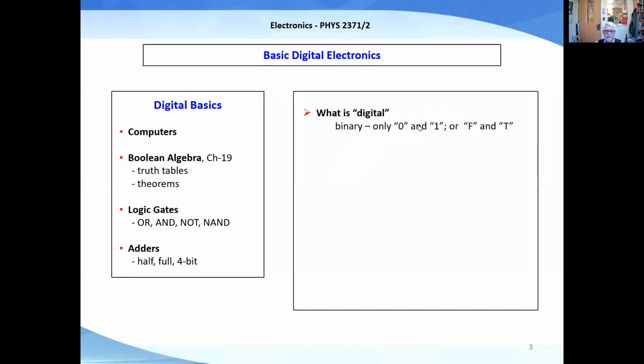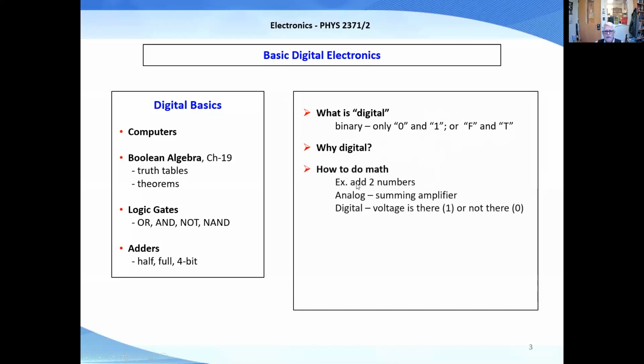What is digital? Digital, you either have something like a 1, or you have nothing like a 0. Or you can also call that true and false. And why digital? We'll talk about that. How to do math. We saw that we can sum voltages in analog, but that's not very precise.